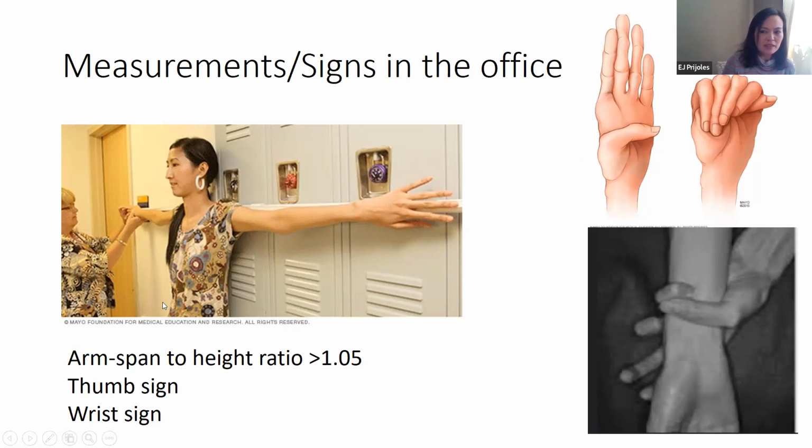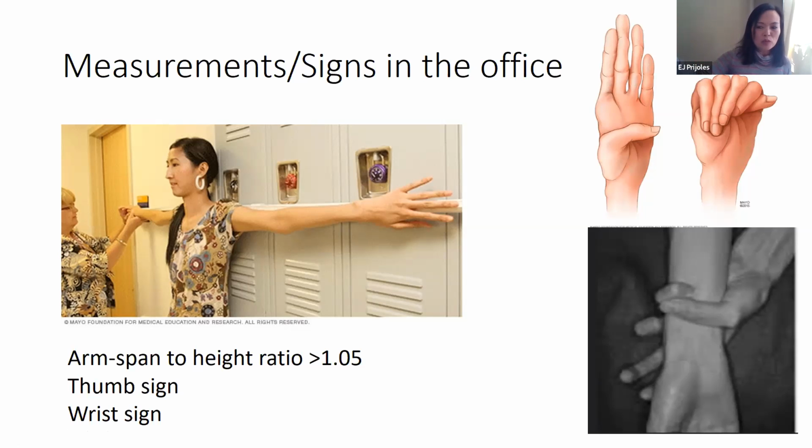And then arm span. What I'll typically do is ask an individual to stand up against a wall that is flat. In this picture, it looks like they have some sort of stick or rod going the length of this individual's arm span. But I'll try to pick an empty wall, have an individual stand with their heels up against the wall and flat.